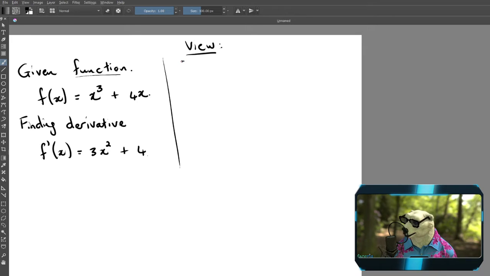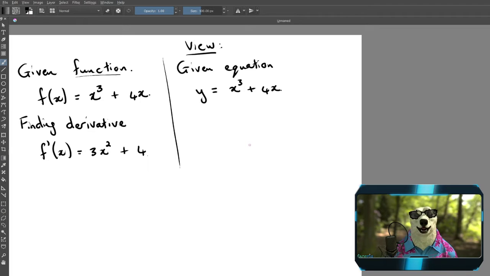So we can instead say, given an equation that determines how y relates to x, we can write the exact same thing we did before, but with more of an equation look to it.